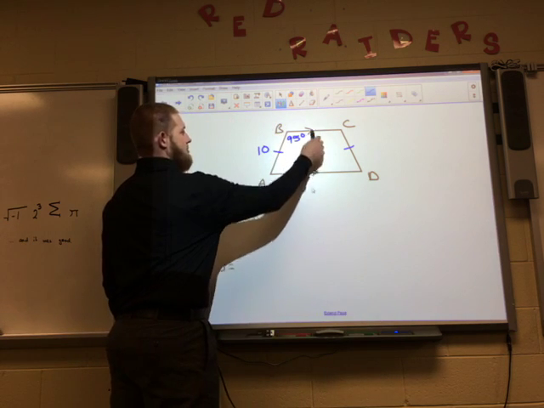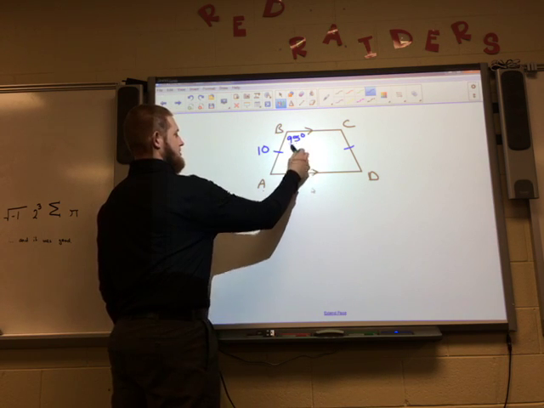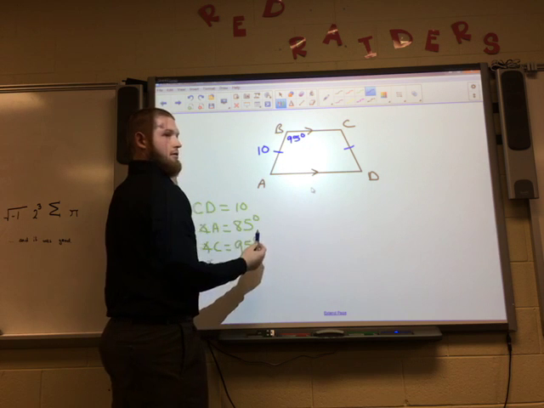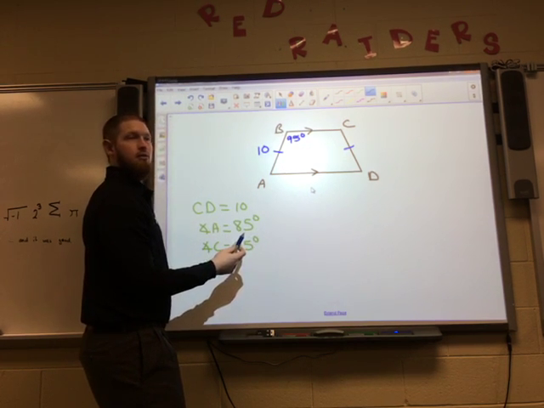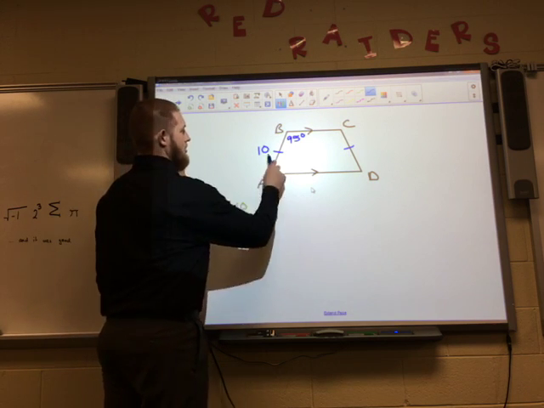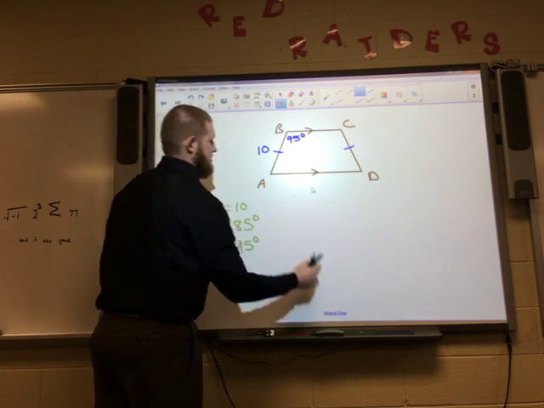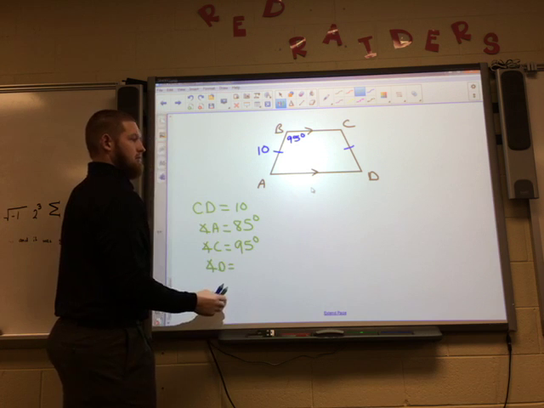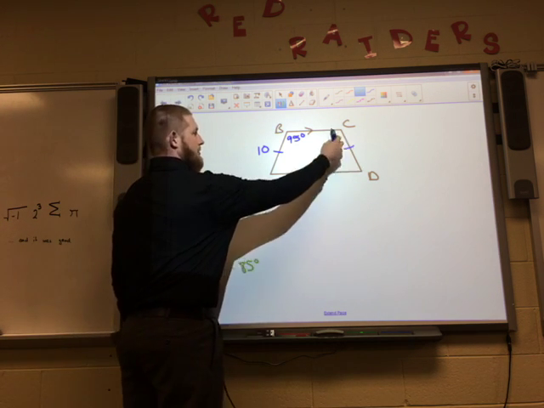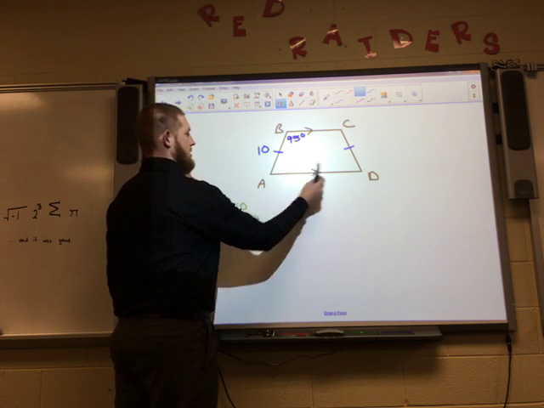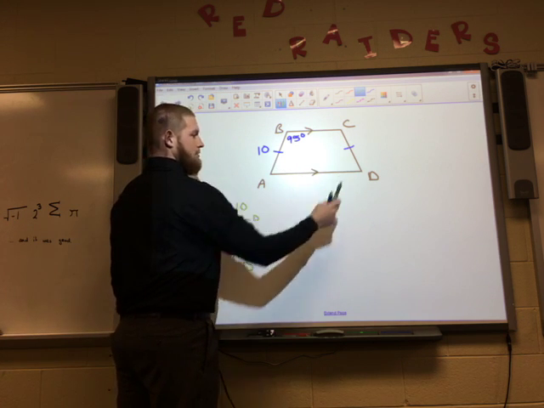Because these lines are parallel, so these are consecutive interior angles, aren't they? And I know consecutive interior angles are supplementary. Okay, so Matthias, what's angle D? Angle D is 85 degrees. Also 85 for a number of reasons. You could use supplementary, or you could use base angles congruent again, right?